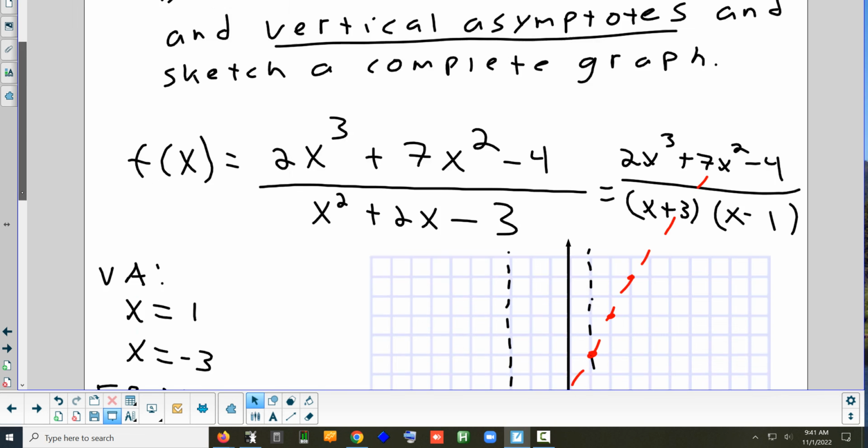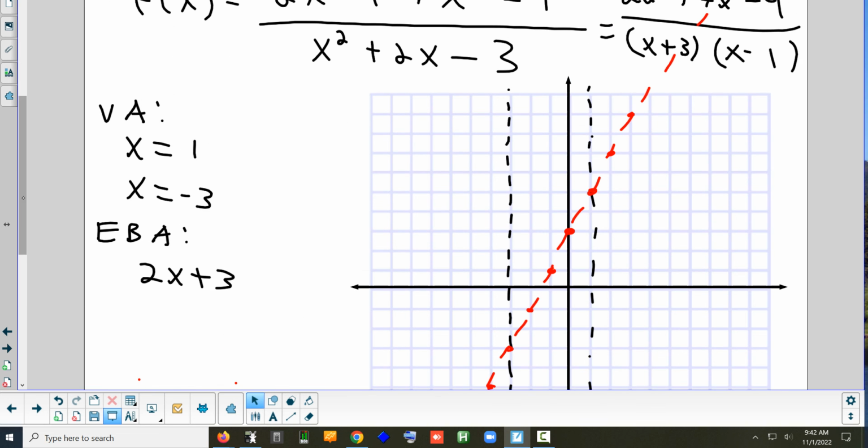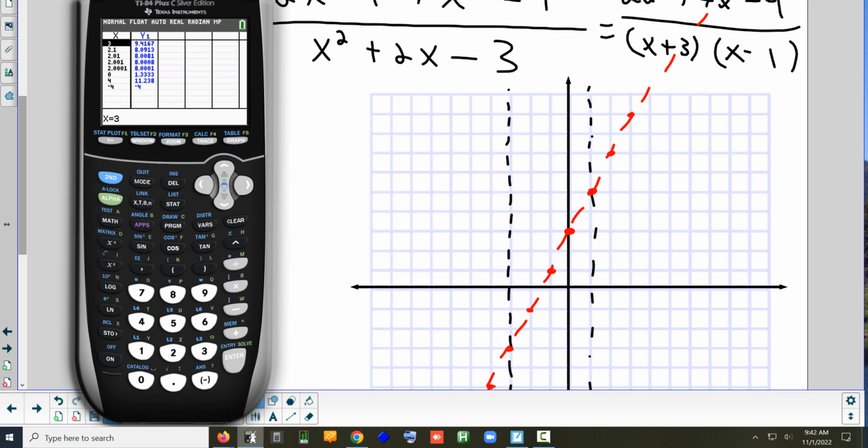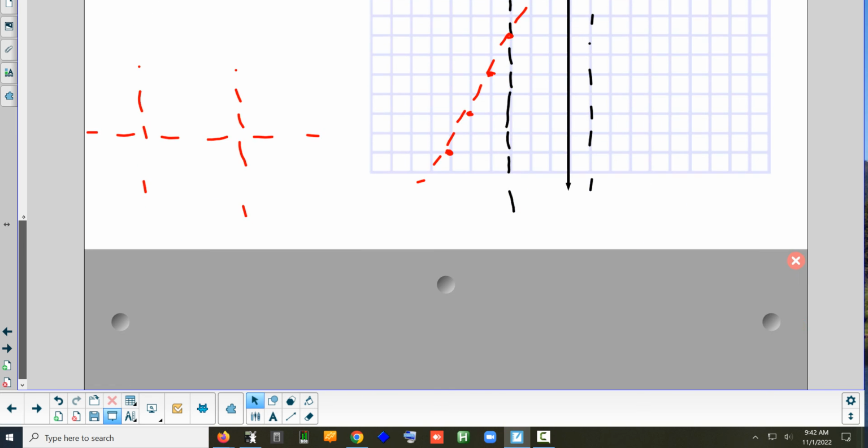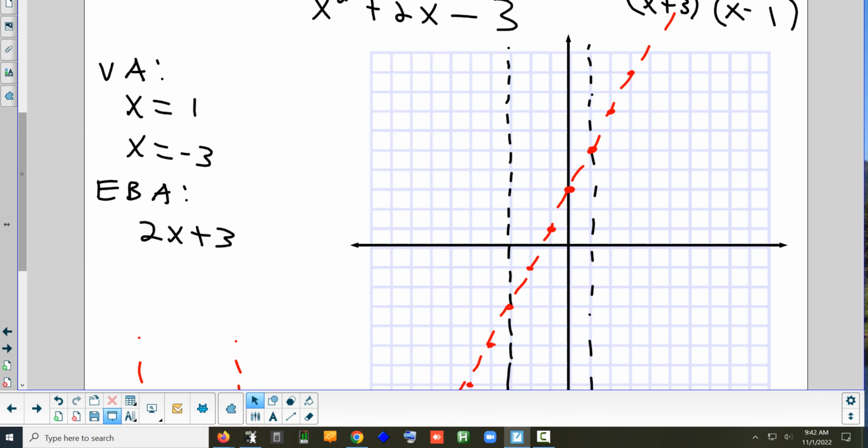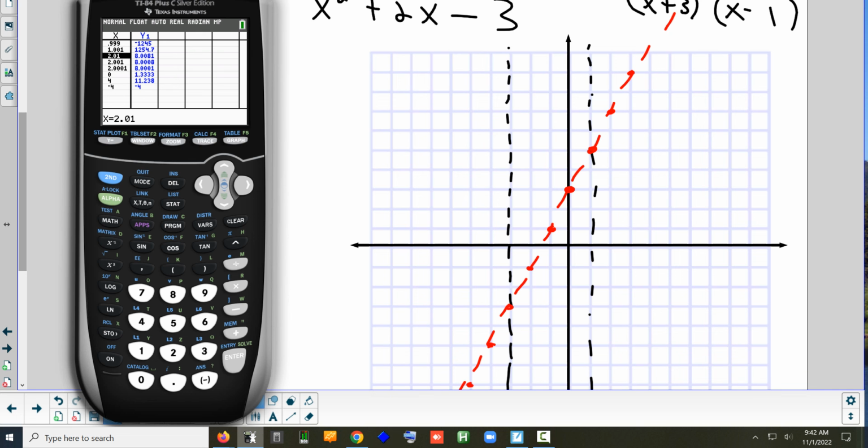All right, my first vertical asymptote was 1. Somebody give me a value a little bit smaller than 1. Yep. 0.99. Okay, now I need a value a little larger than 1. Yep. 1.001. Perfect. All right, that covers that one. Let's go to the other asymptote, -3. What's a value that's a little bit smaller than -3?